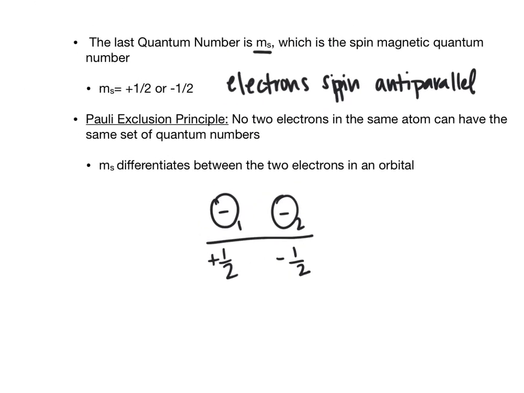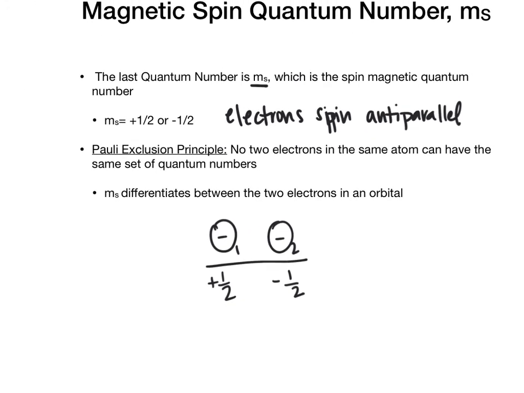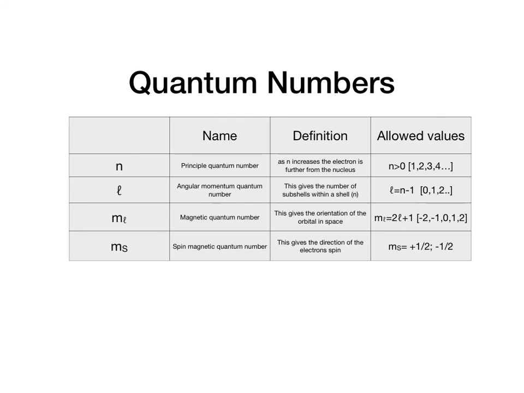When we think about the quantum numbers, these four numbers together are going to tell us where the electron lives at the end of the day. So to review, our four quantum numbers are n, the principal quantum number, and as n increases, the electron is further from the nucleus.